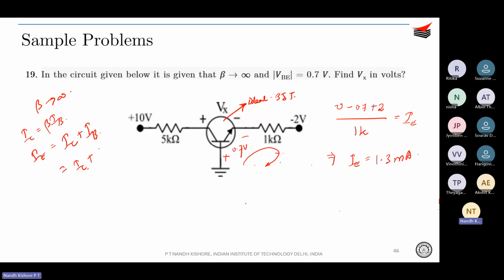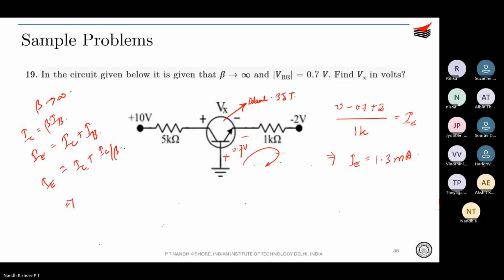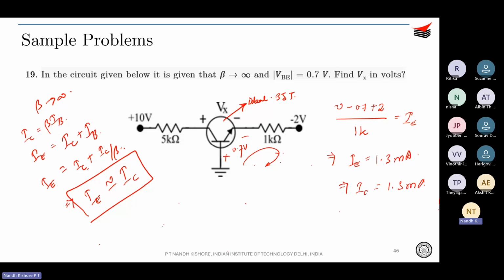IB can be written as IC by beta. Since beta tends to infinity, IC by beta is almost zero. Therefore, IE is almost equal to IC if beta tends to infinity. Okay. So IC and IE are almost the same. Therefore, since IE is 1.3 milliamp, IC is also equal to 1.3 milliamp.